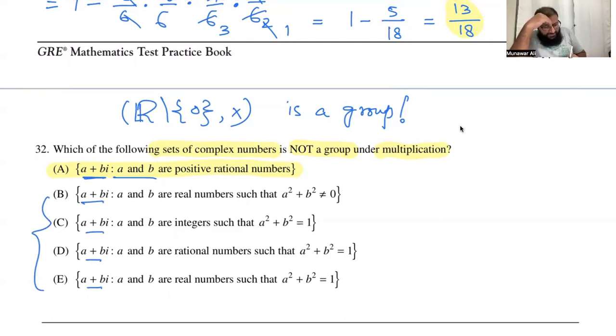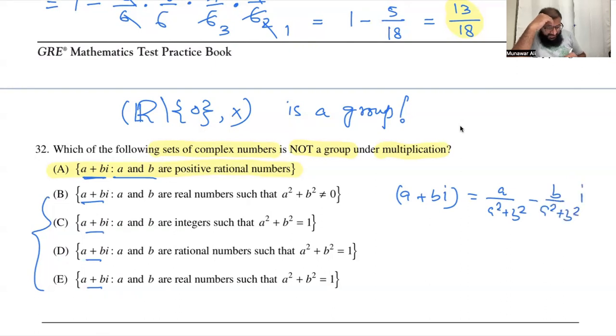From basic complex analysis, the inverse of a plus bi is a over a square plus b square, minus b over a square plus b square i. Now the problem is this: a square plus b square.